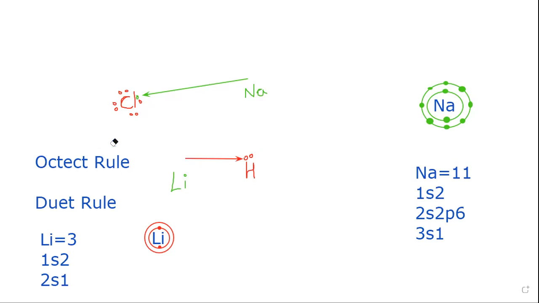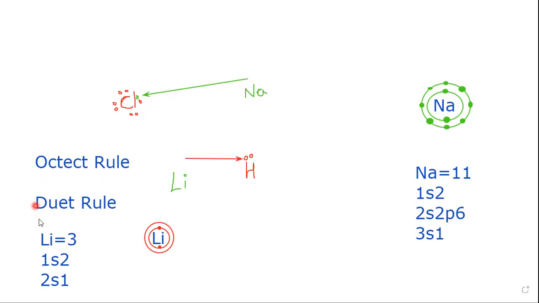Let me ask, what is the octet rule again? What does this rule say? It says that an element wants to have 8 electrons in its outermost level.